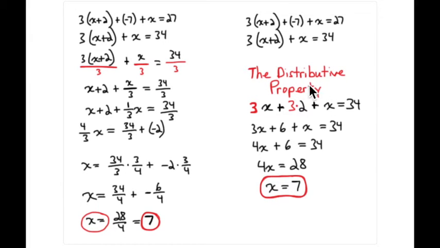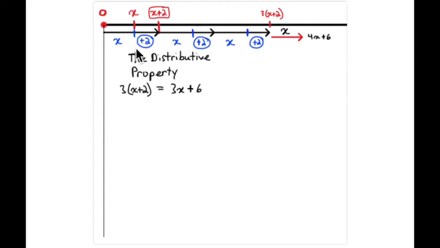So that told me in my drawing I have to look at the distributive property. I have to use the distributive property. So I have 3x plus 2. So I have 3 x's, I have 3 2's, and I have one more x out here. Well, that 3 times x plus 2 is 3x plus 6.